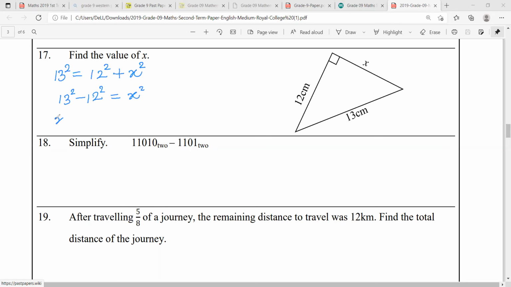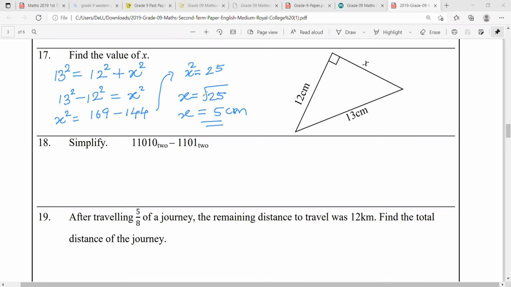Then you can find that x squared is equal to 169 minus 144. Here you get 25. x squared is 25, then x is root 25, which is 5 centimeters. You get 5 centimeters for x.